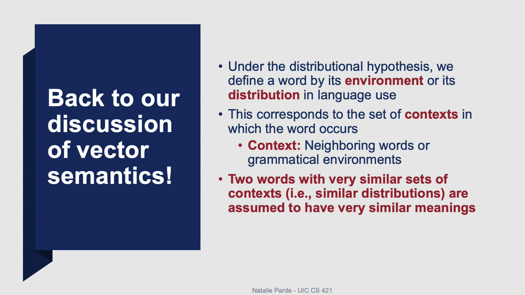Two words with very similar sets of contexts are assumed to also have similar meanings. In a bag of words representation, this would mean that two texts that included the same or nearly the same collection of words, albeit in any order, would be assumed to be highly similar to one another.